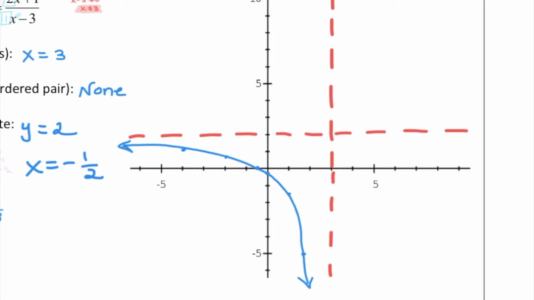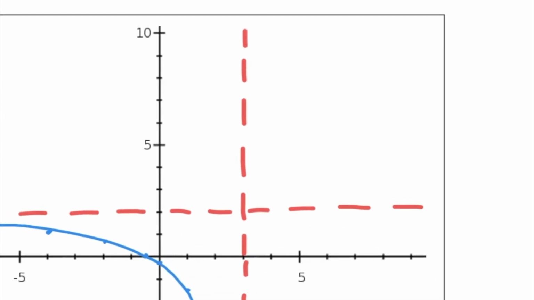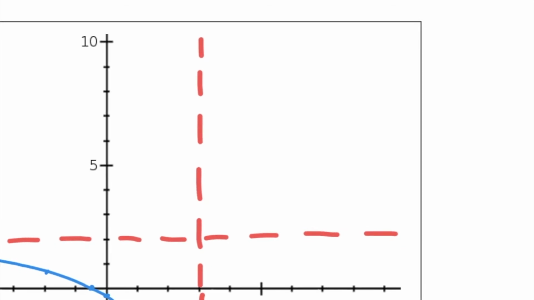And then on the other side of that asymptote, so let's start at x equals 4, we've got a point up here at 9. X equals 5 is 5.5. So about there. And then I can kind of skip down to farther out.